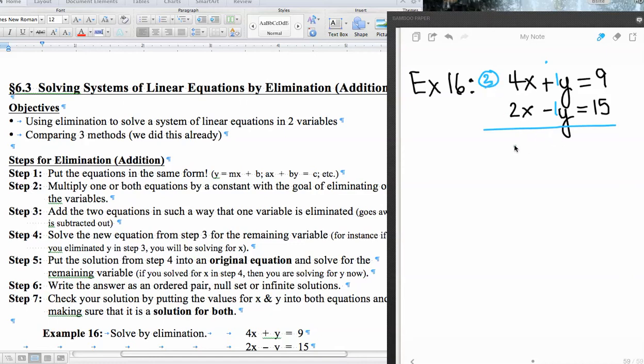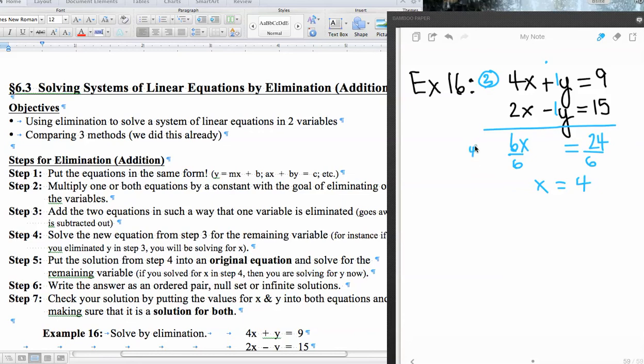So 4x plus 2x is 6x, and then 1y and negative 1y is 0, and then 9 plus 15 is 24. And then we're going to solve for the x. So now we have x is equal to 4, and that was step number 4 there.